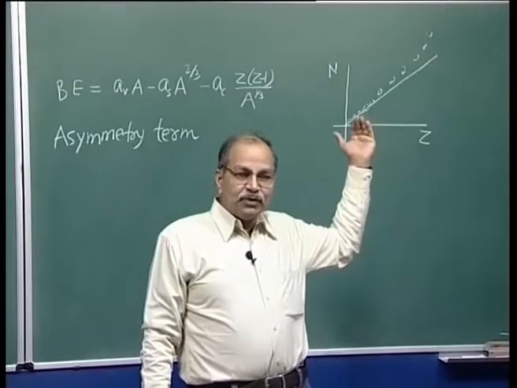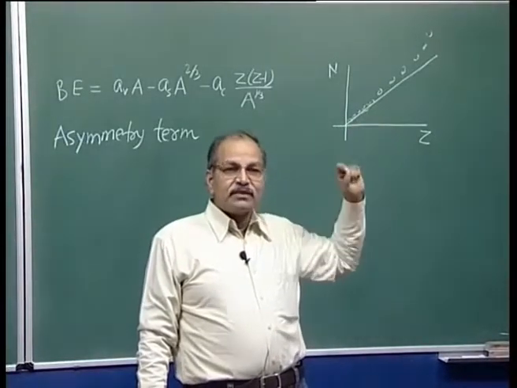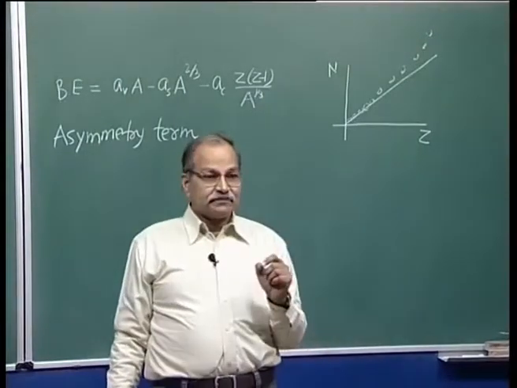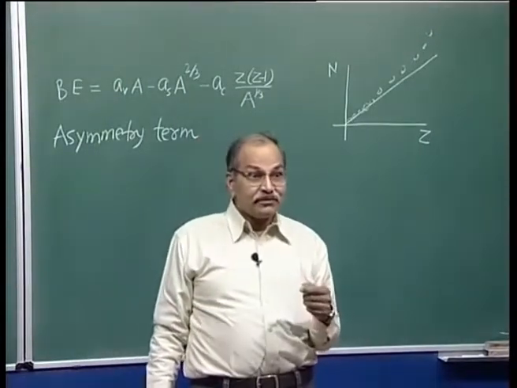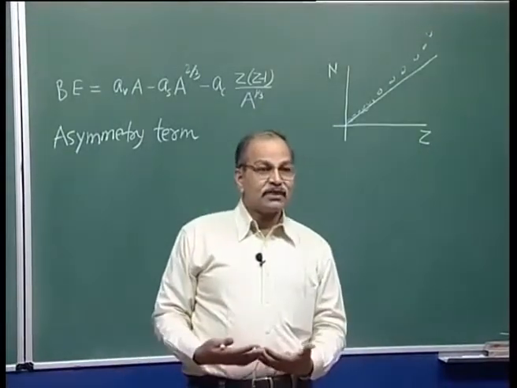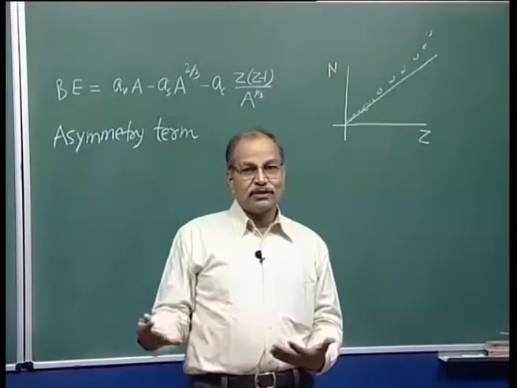So, for the nuclear force itself, Z is equal to N, that is preferred composition. Why is that? Because nuclear force is charge independent. Nuclear force does not distinguish as such between protons and neutrons.